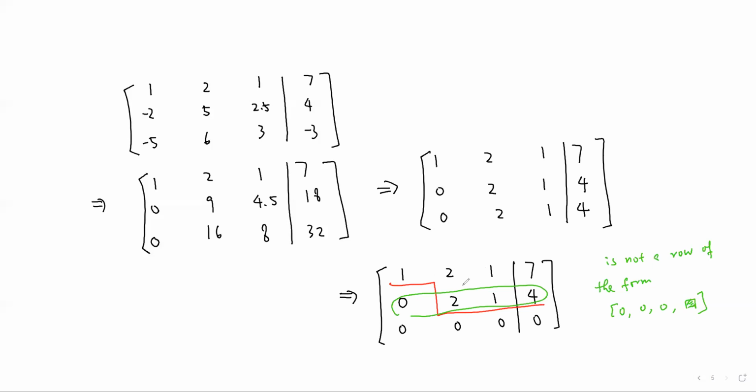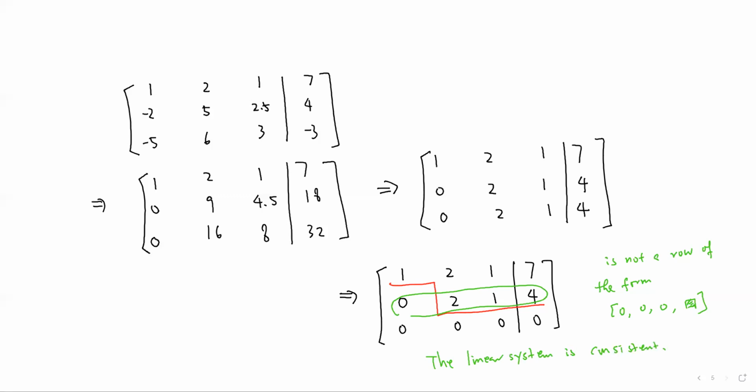If the bottom non-zero row were in this form, the linear system would have no solution, because the non-zero entry here is the right-hand side while the left-hand side is 0. Now the linear system has a solution. The linear system is consistent.